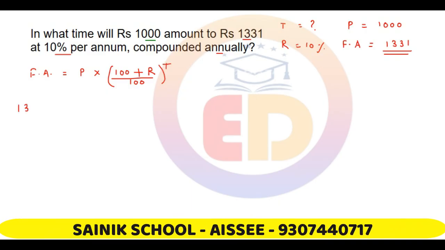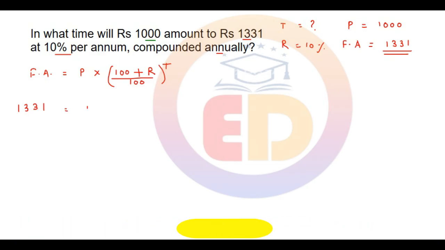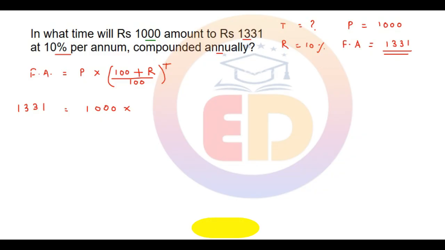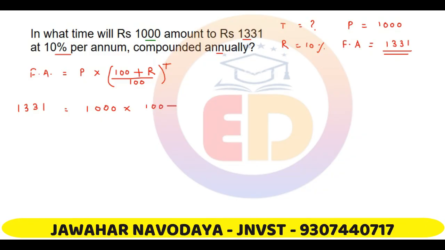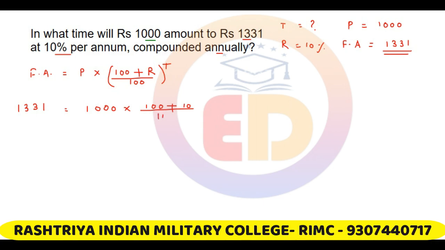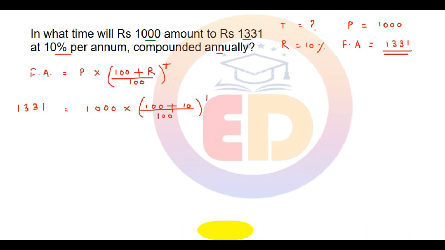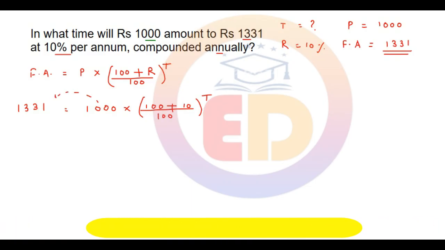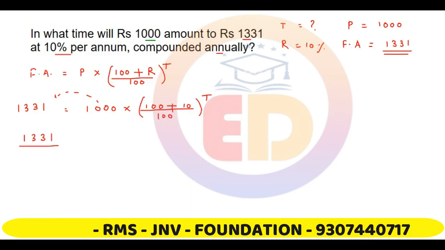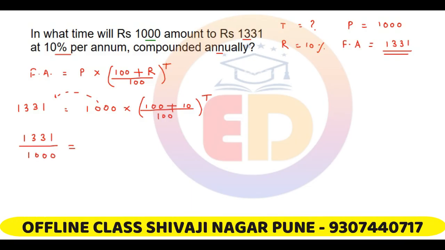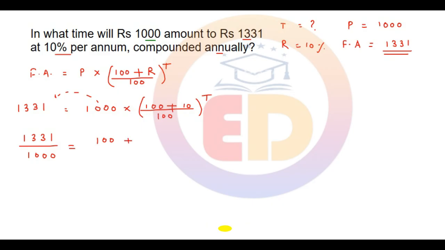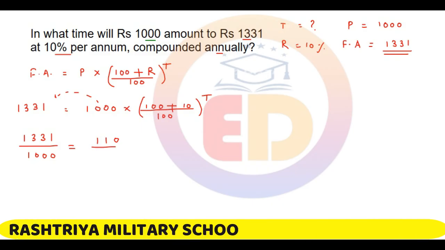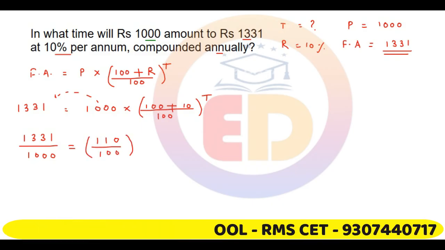Final amount is 1331 equals principal is 1000 multiplied by 100 plus r is 100 plus 10 upon 100 to the power of t. Take the 1000 from right side to left side. 1331 upon 1000 equals 100 plus 10, which is 110 upon 100 to the power of t.